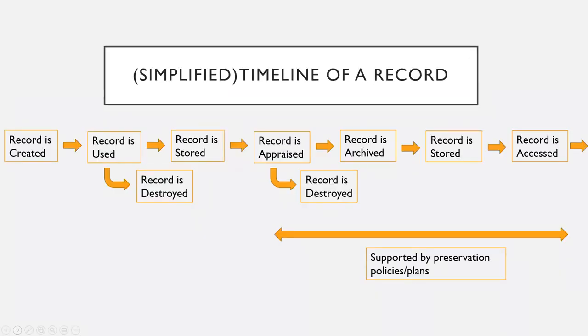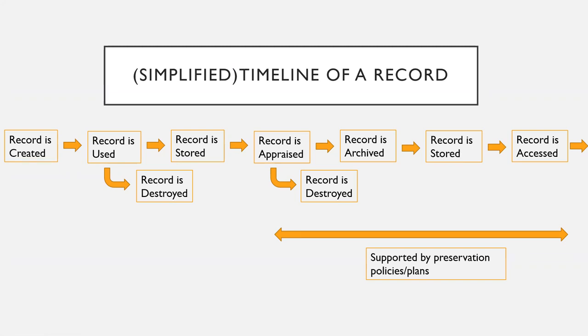Okay, so we'll start by looking at a pretty simplified timeline of a record. I'm sure you can find some more theoretical or conceptual timelines of a record or life cycles of a record out there. For instance, the record continuum model. But we're gonna keep things pretty simple, at least to start off with.